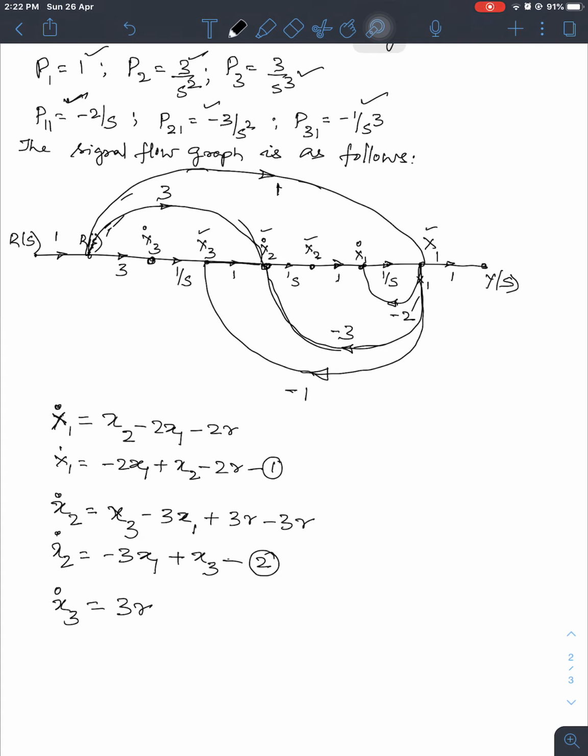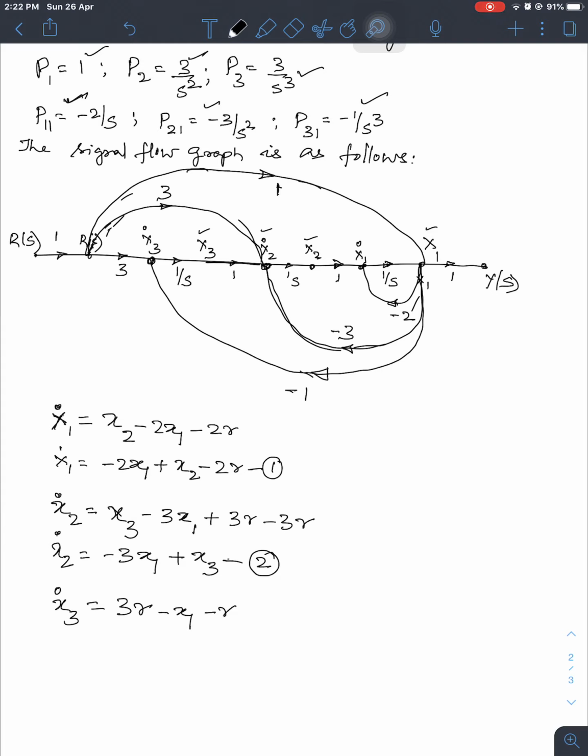This will be minus 3 times r, minus x1, minus r.